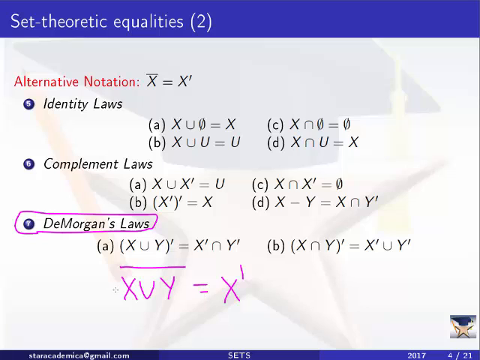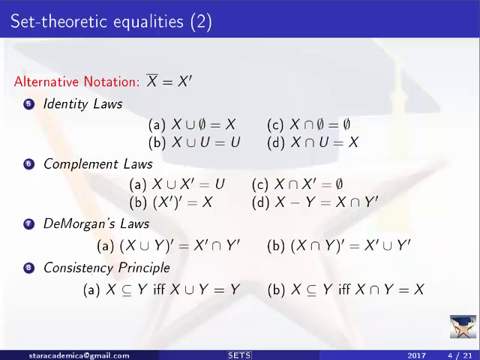So this will be the complement of X intersect the complement of Y. So when we are doing complements of unions or intersections, we take X prime, we change intersection to union, and if it is union, we make it intersection, and Y prime. It's easy to recall these important laws. And the final law is the consistency principle.